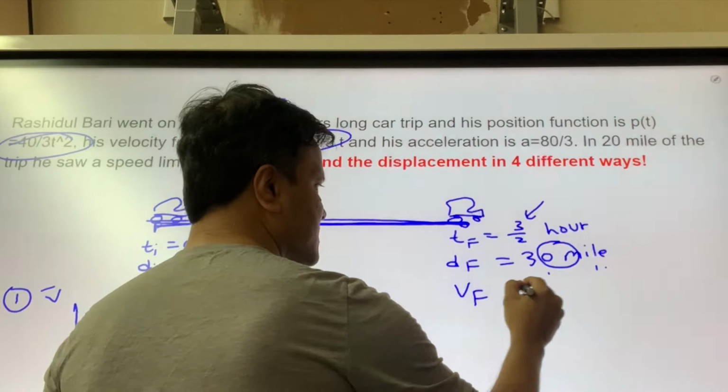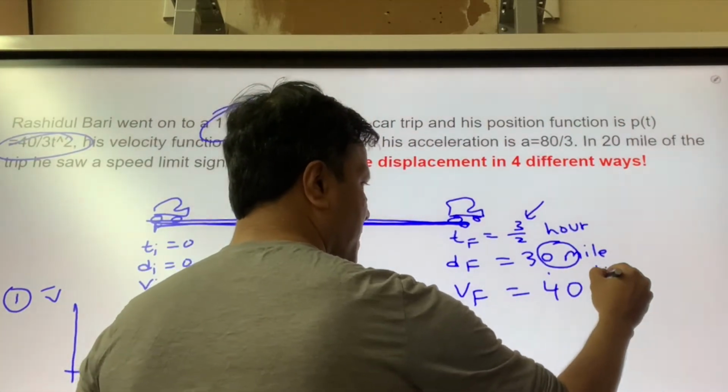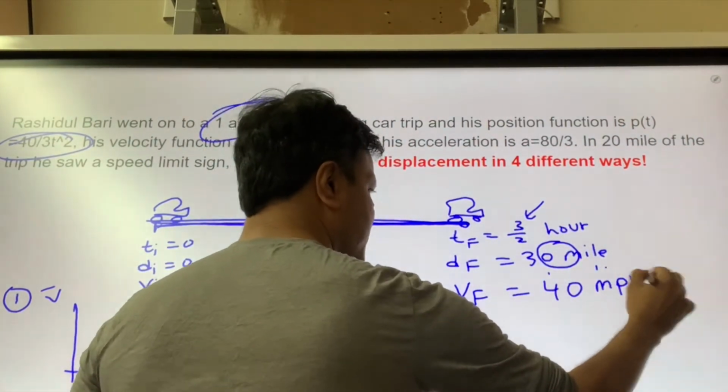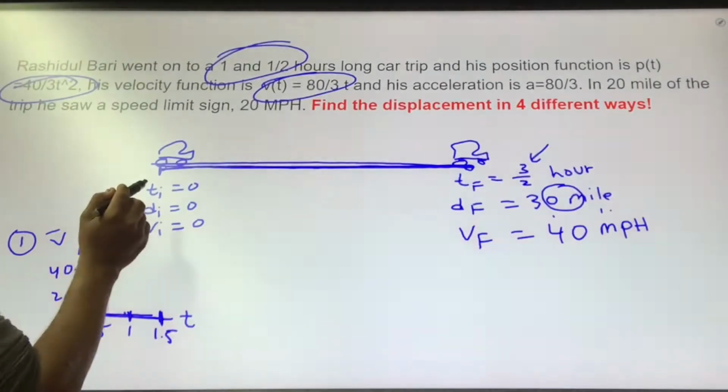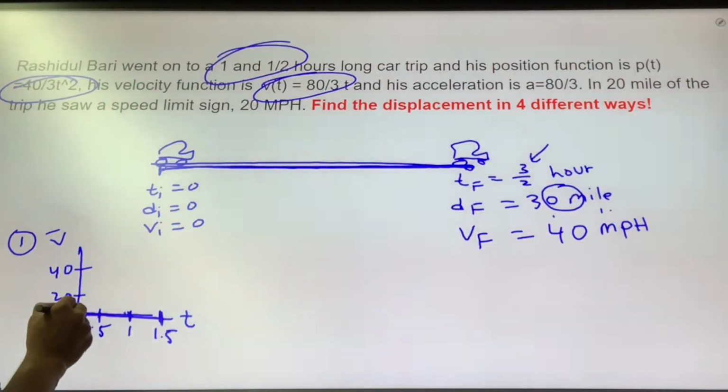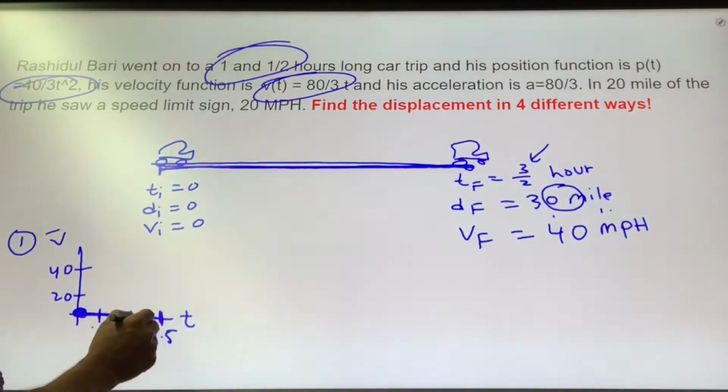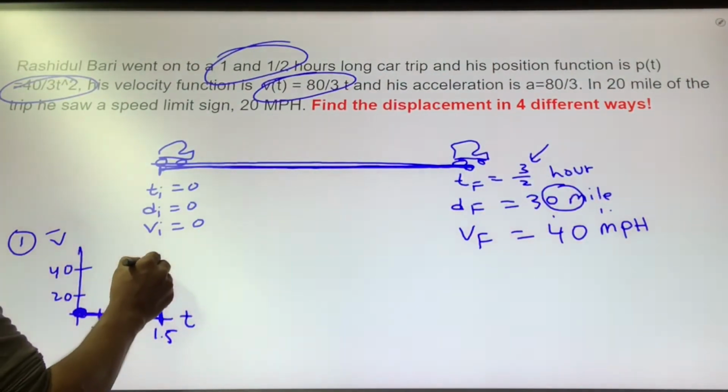The final velocity is 40 miles per hour. Okay, so this is 0.5, this is 1. The initial velocity is 0, and the final velocity at 1.5 is 40.